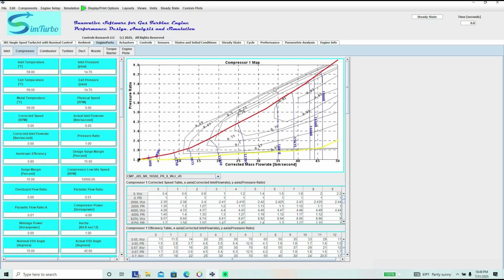Well, actually, these are constant efficiency lines right here in black, and then the constant speed lines here in blue. So as the speed goes up, and this is in corrected speed, as we also have corrected flow rate on the x-axis and pressure ratio on the y-axis.